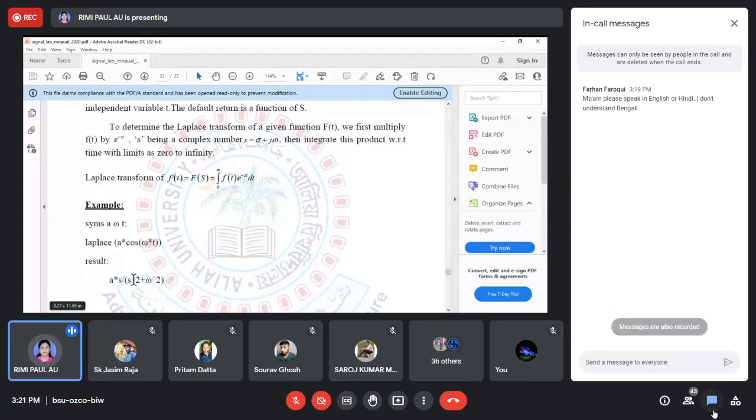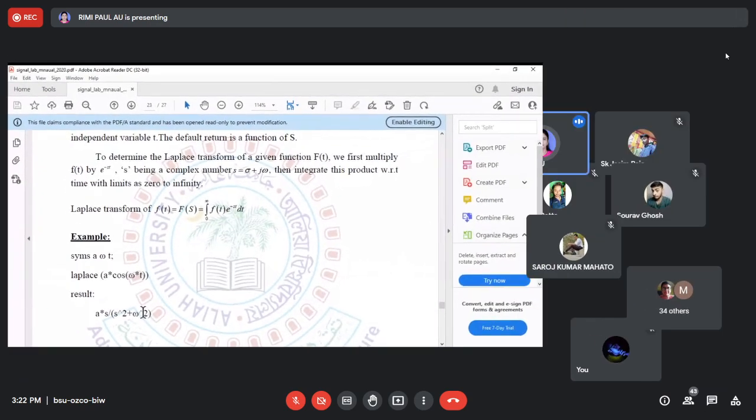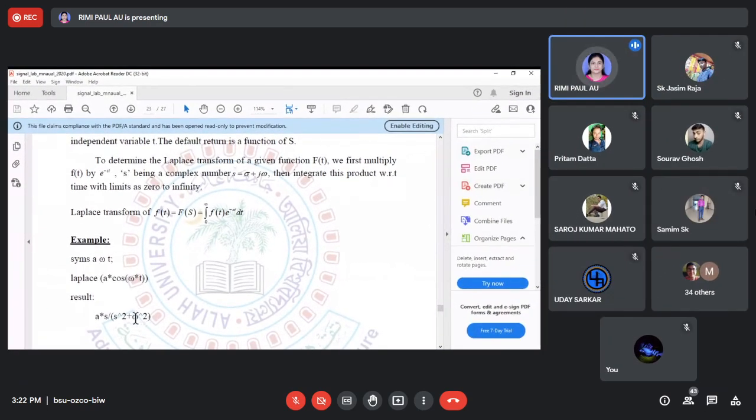You can see that we did not write s square or omega square as plain letters, s with this triangle sign square, omega this reverse triangle, or you can say reverse v, and square 2. So in this way you have to write, this is the practical answer.